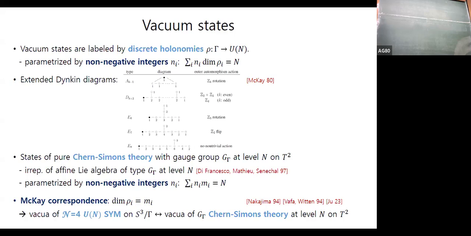But the N seems to be the total number of boxes, not the width. Yeah, total. You should sum over them and it will give you the height. So this is from the M5 brane, I would imagine, right? M5 brane on a torus. Yeah, right. You can also think of it that way.